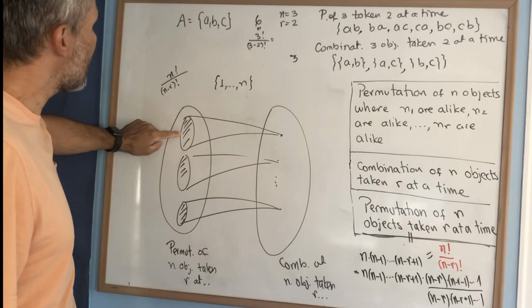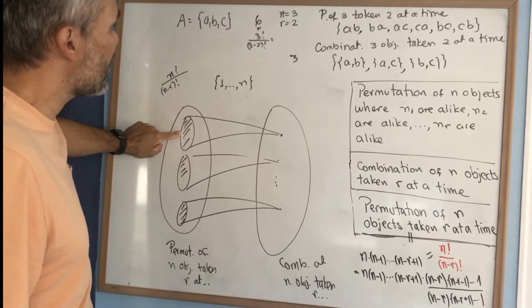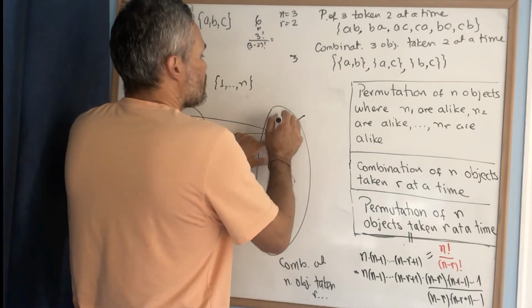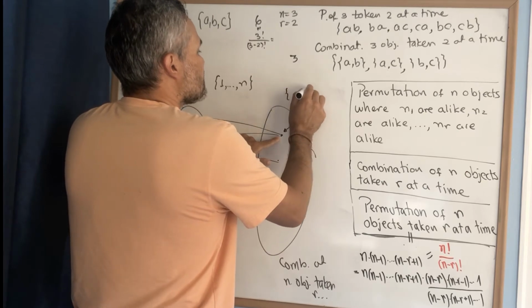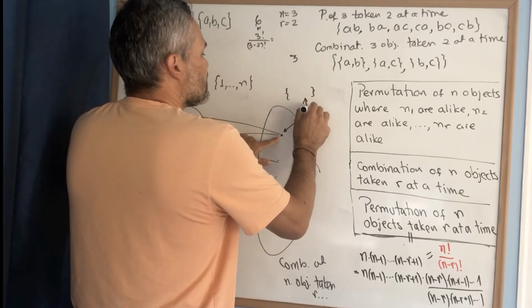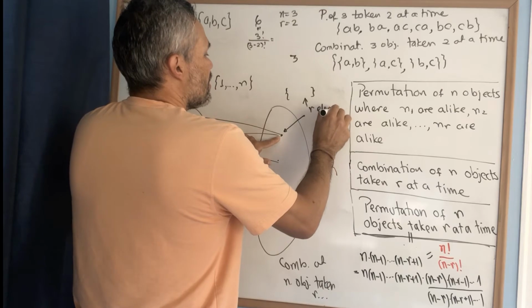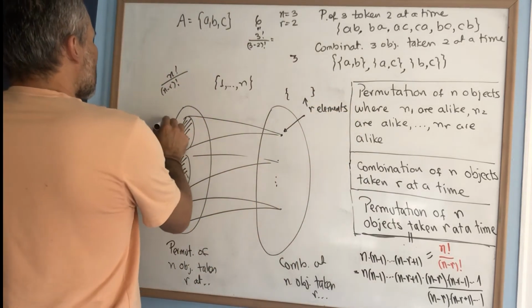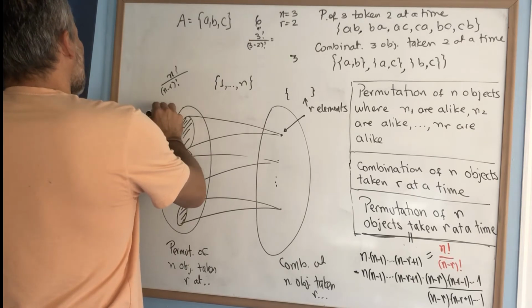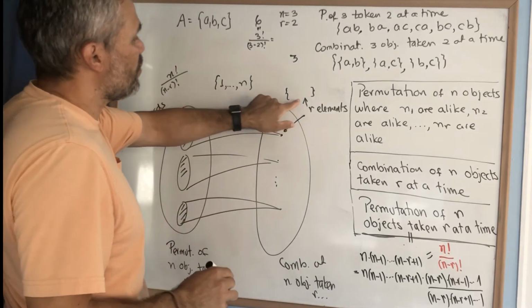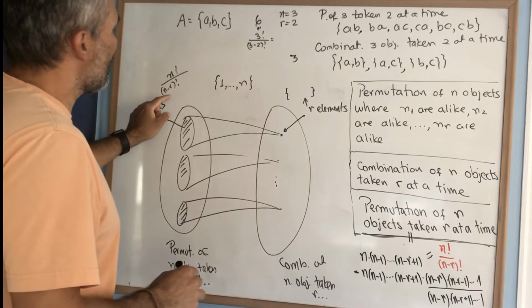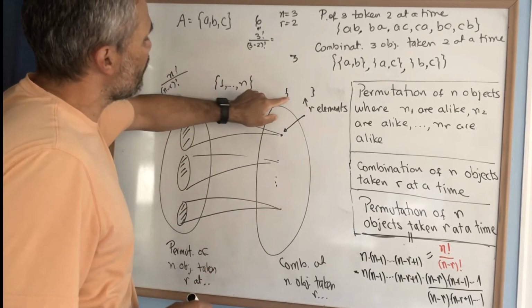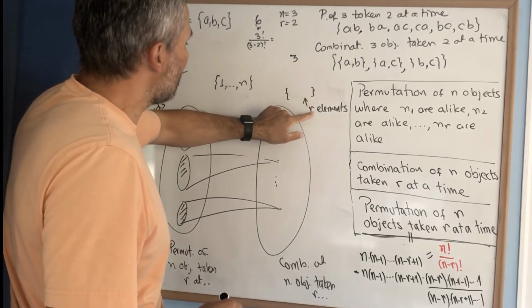Let's see how many elements we have. Remember that each one of these groups is just a set with r elements, while here, each one is a word that uses those elements. Then how many different words can we get with r different elements?